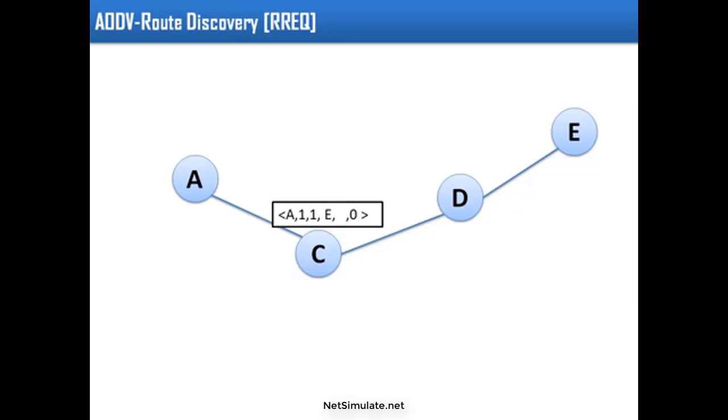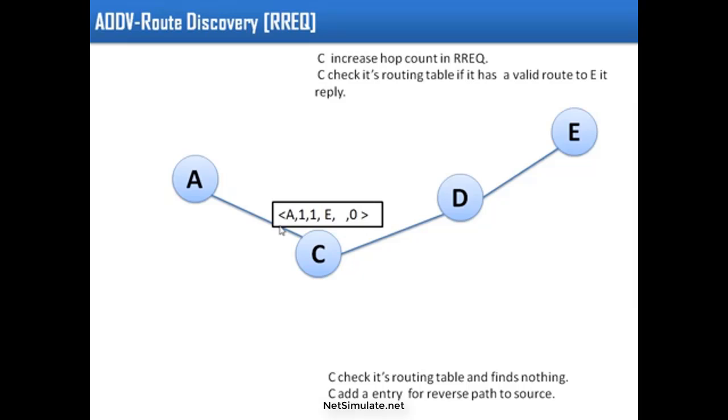When C receives this packet, C would know this packet is coming from A, and that it came on this interface, which is connected to A. So it will create an entry in the routing table. What is the entry? If any packet comes to C for destination A, C should transmit that packet in this direction.